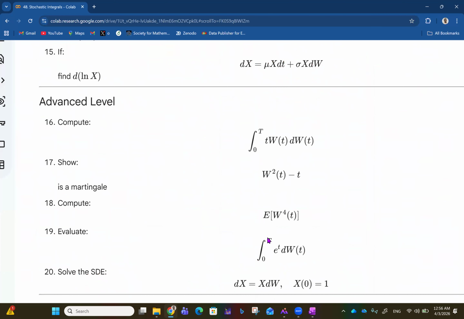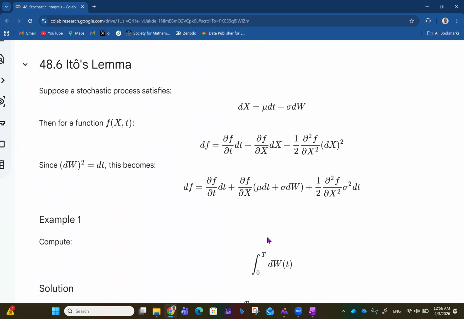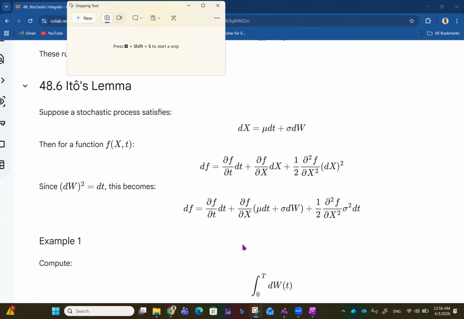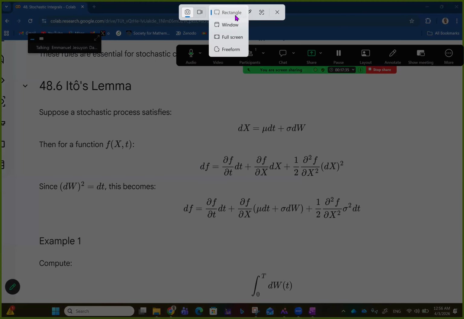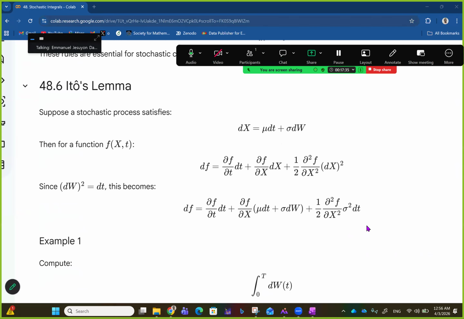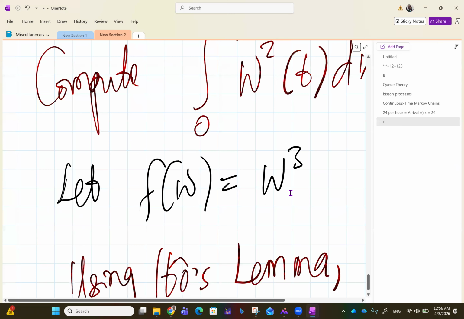So I think this is where I need to really explain that step by step. So I'm going to take this, which is the final result of Ito's lemma. Let me snip it, take it to the other page, and then follow it step by step. So I take that, copy it and come over here and expand this.